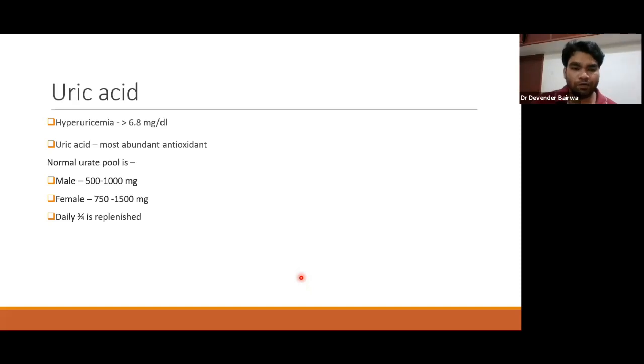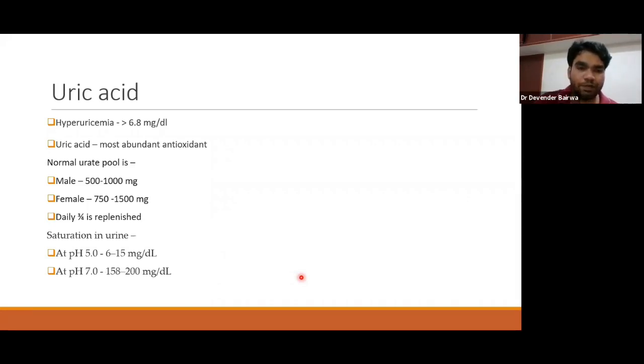Then daily, out of this whole uric acid pool, about 75% is replenished. So 75% is being changed daily, and it can saturate in urine. If pH is low, below 5, then at a uric acid level of 6 to 15 milligram per deciliter, it can saturate and form crystals.